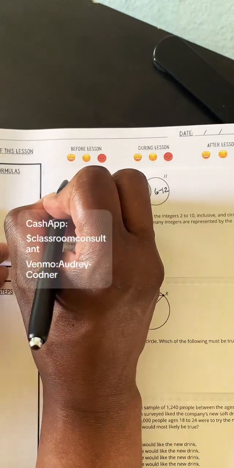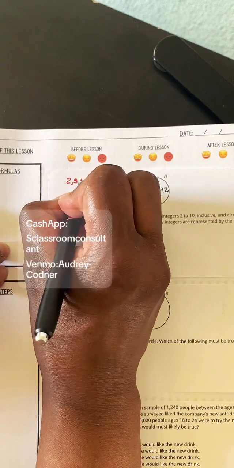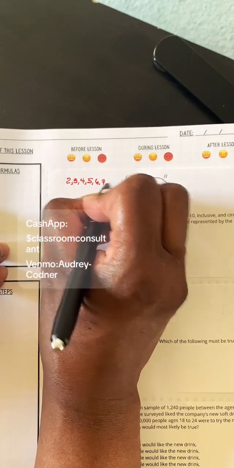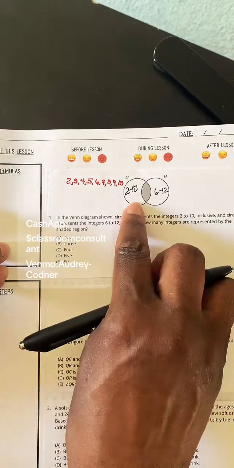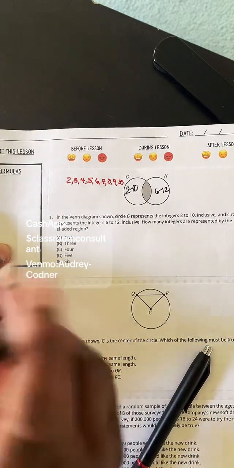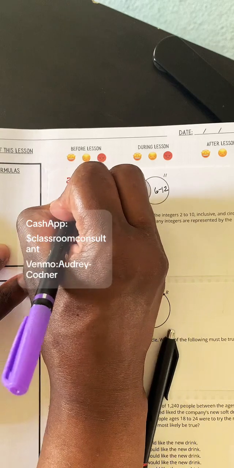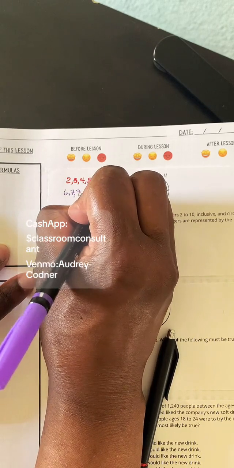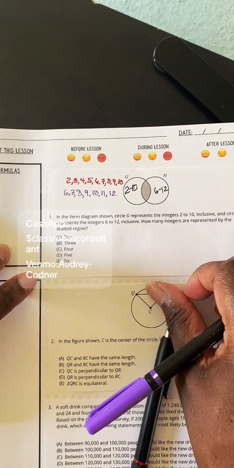So if you want, you can say, all right, well, we got 2, 3, 4, 5, 6, 7, 8, 9, and 10. That's representing the G. Then for the H, you have 6, 7, 8, 9, 10, 11, and 12, because they go from 6 to 12.